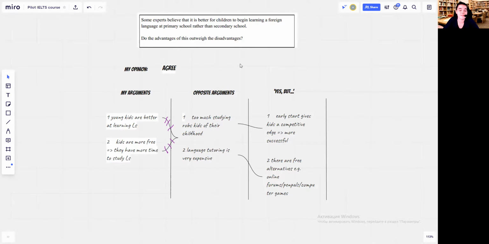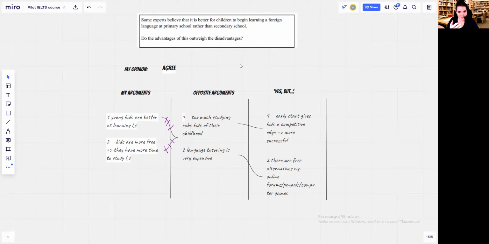I hope there is a clear difference between the basic plan that we talked about in session one and this more advanced plan that helps you consider both parts of the argument. What is absolutely mandatory here is that there should be three things to include.